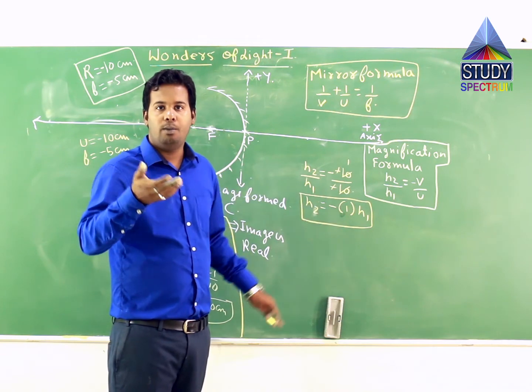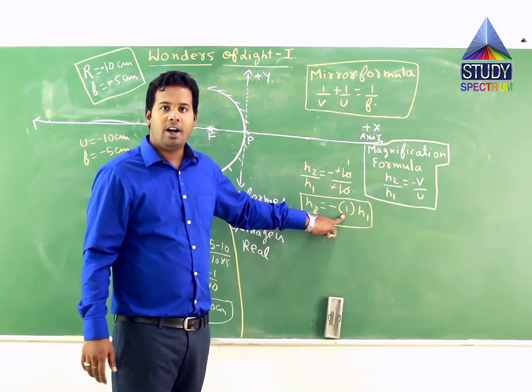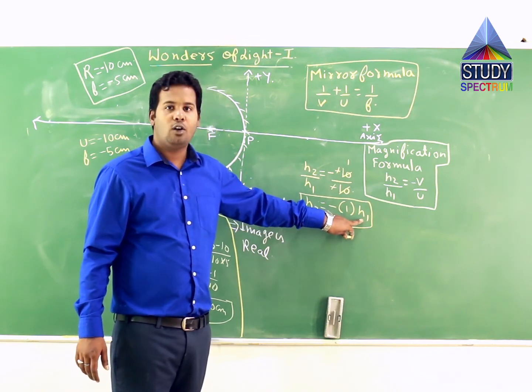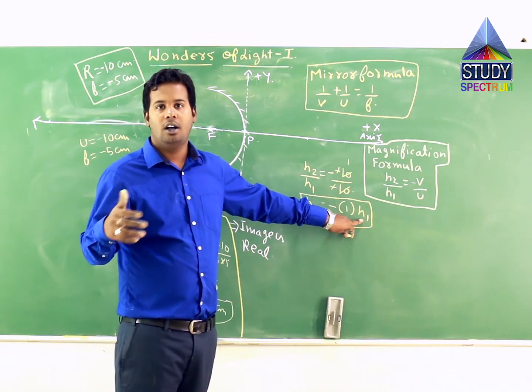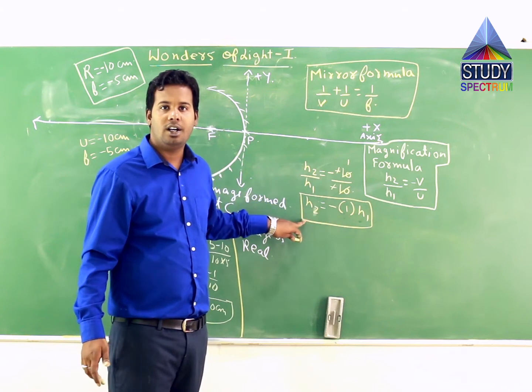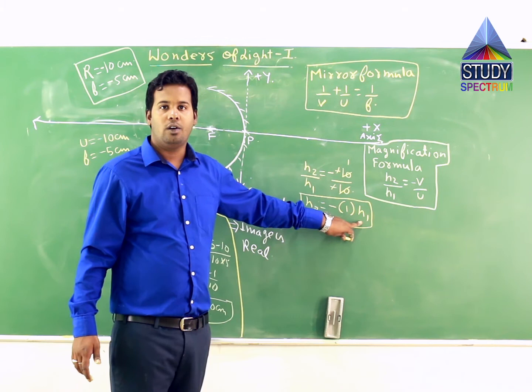So you and I will have the same amount of rupees. Similarly, the multiplying factor here is 1. So if I multiply the height of the object, say suppose it is 20 centimeter, then 20 into 1 will result in 20 itself. So it means height of image is equal to height of object.